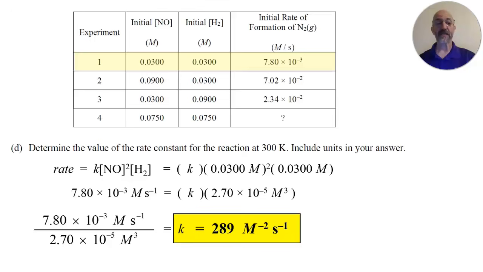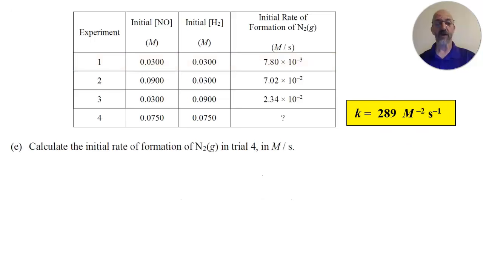Now let's go ahead and take a look at part E of this question. Remember that in experiment 4, the initial rate of formation of nitrogen gas was unknown. That's why there was a question mark. So now in part E, it says, calculate the initial rate of formation of nitrogen in trial 4 in units of molarity per second.